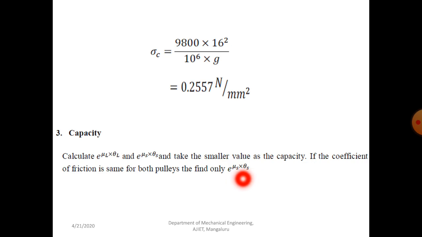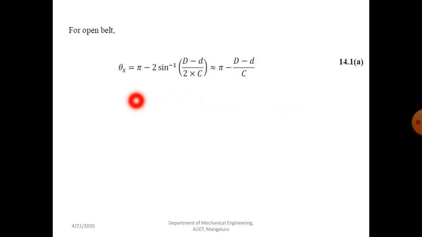So now we have to find e to the power mu s theta s. To find it, first we have to calculate theta s. Theta s is nothing but the angle of contact for the smaller pulley. How to calculate theta s, that we'll see. That is based again on the open belt drive. For an open belt drive, theta s can be calculated as pi minus 2 sin inverse of (D minus d) divided by 2 into c.